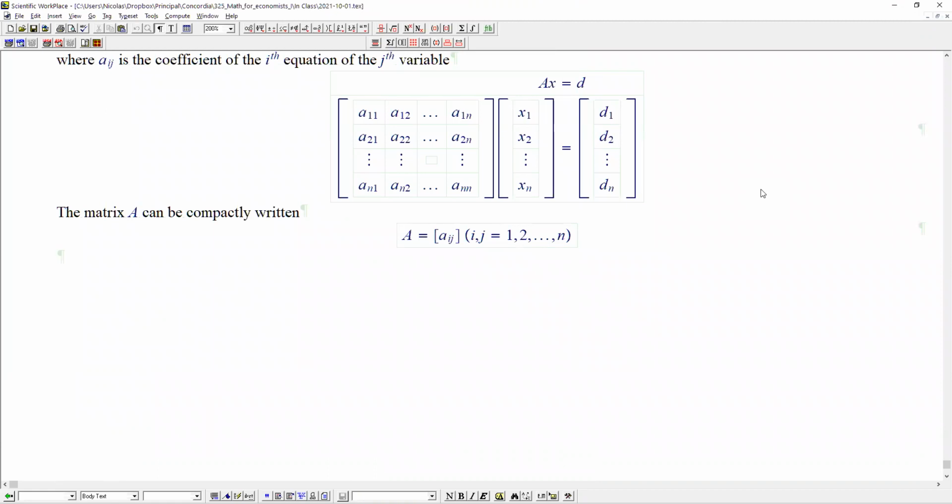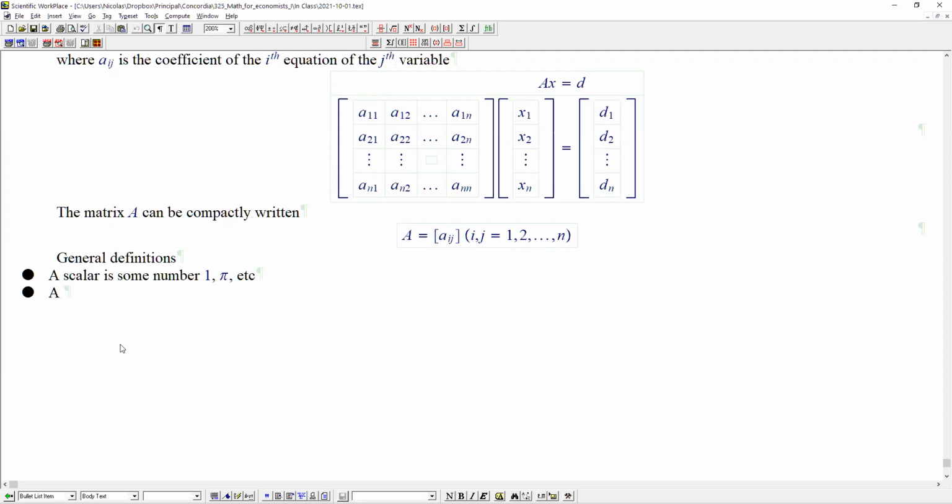Okay, so general definition. A scalar is some number. It can be 1, it can be pi, it can be anything. It's just one single number.